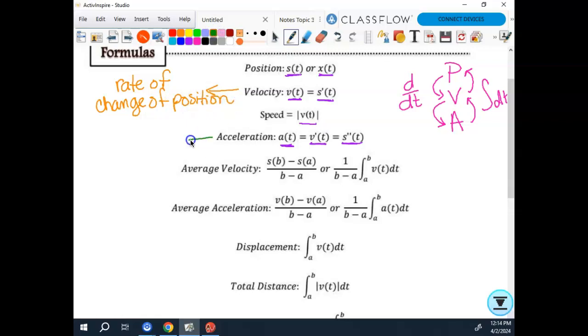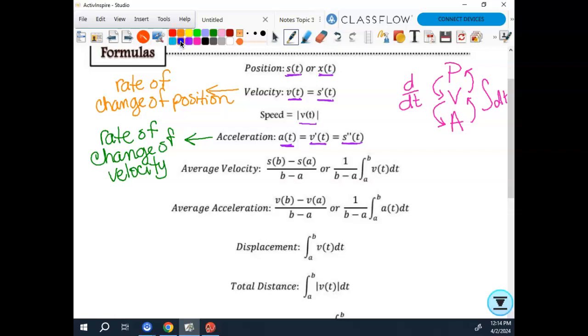And acceleration is the rate of change of velocity. Hence them being the derivatives, right? So we can do instantaneous, and we can look at average velocity and average acceleration.